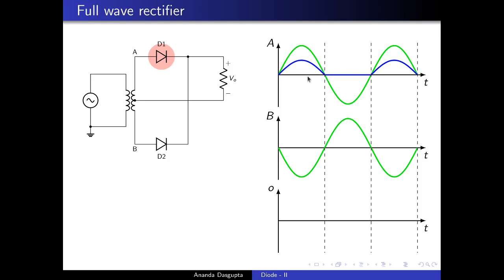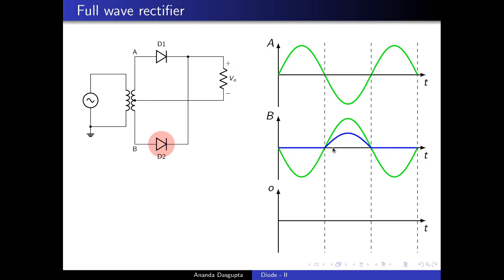Now this is what happens when diode D1 is conducting, which is when VA is positive. And at that time, when VA is positive, VB is negative, which means diode D2 is reverse bias, so it does not conduct at all. If you look at diode D2's behavior, it does not conduct at all, so the current through it is zero in this half of the cycle.